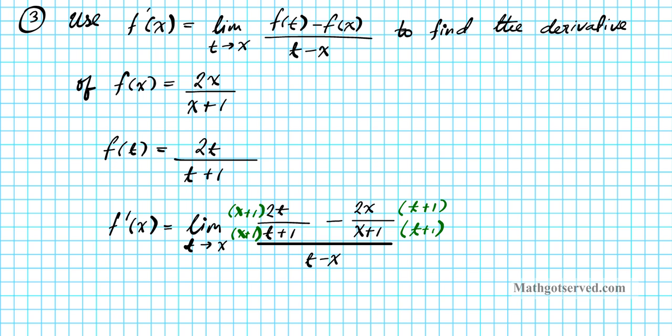Alright, and then we'll just distribute the top and then simplify the numerators, okay? Alright, so you distribute 2t to these two terms here. And then over here, negative 2x, I'll distribute to t and 1. Alright, so let's see what that gives us.